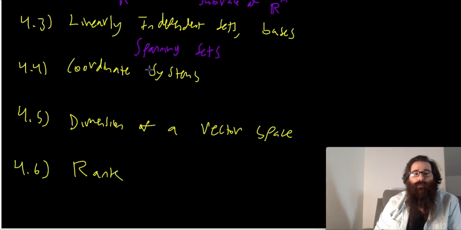Bringing us to 4.4, one of my favorite lectures, on coordinate systems, and there was a lot for us to talk about here, introducing some ideas, thinking about non-standard bases. So we'd say, okay, I could have the standard basis, right, with vectors e1, e2, e3, and so on, depending on the vector space we're in.